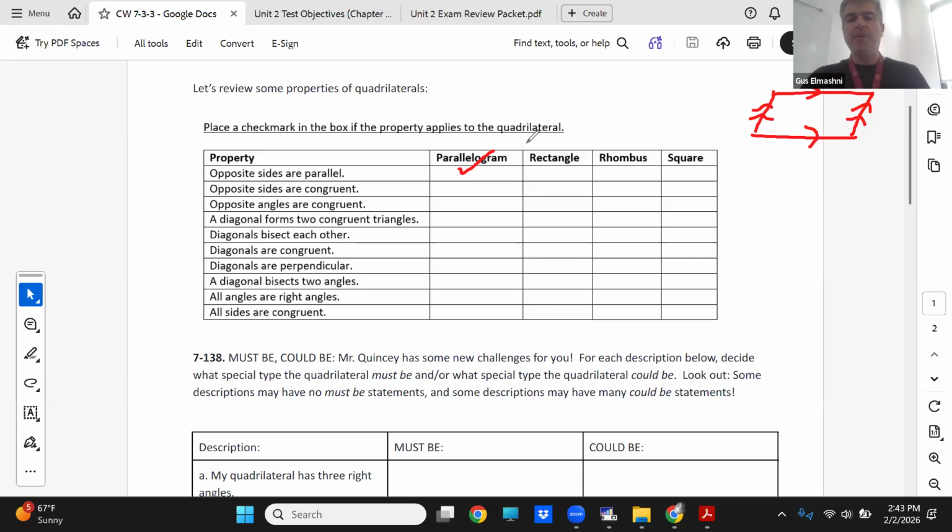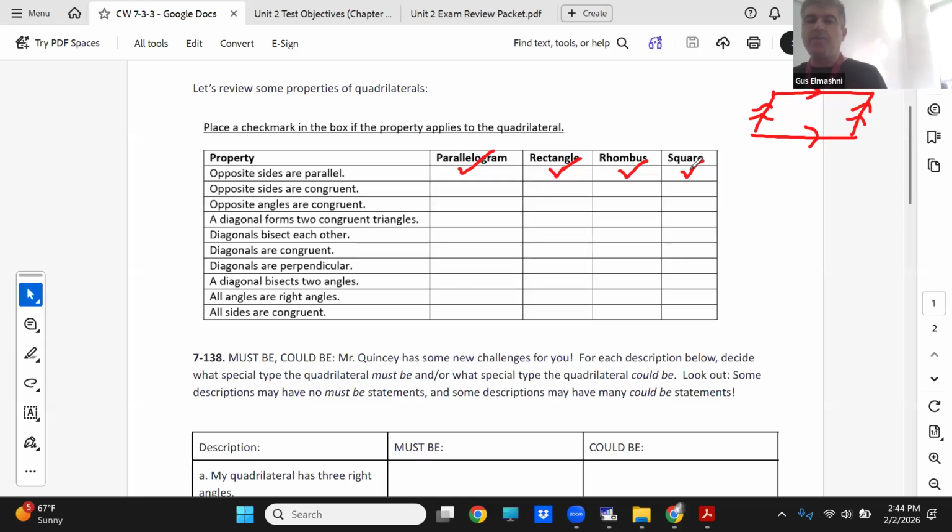Now, here's what gets a little interesting. Is that true for a rectangle? It is. Must it be a rectangle? Well, no. But could it be a rectangle? Sure, if you had all right angles. And could it be a rhombus or square?